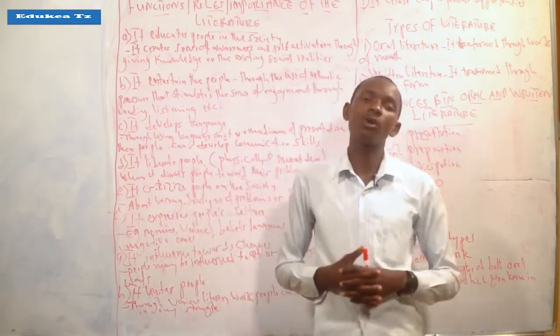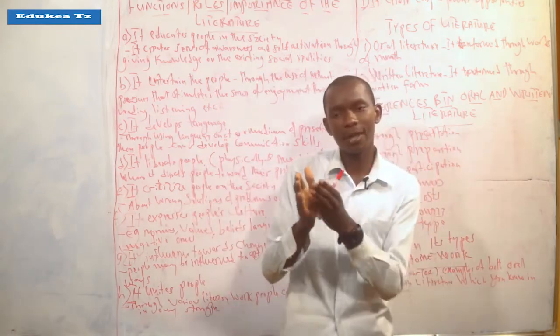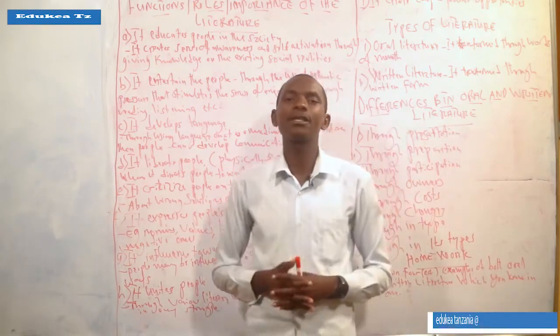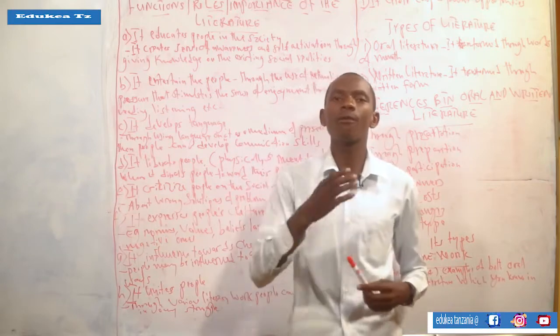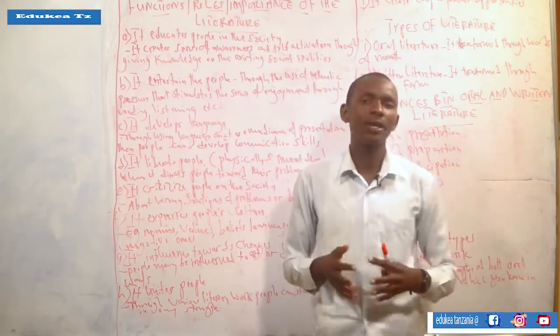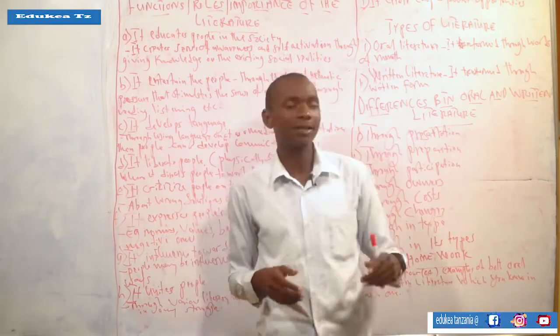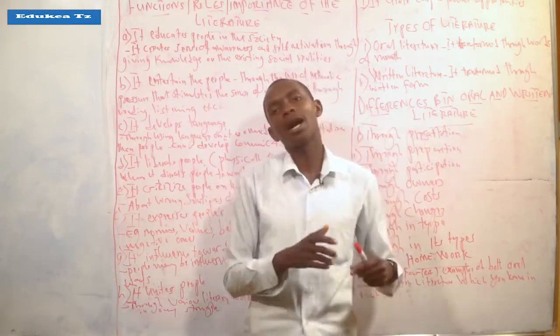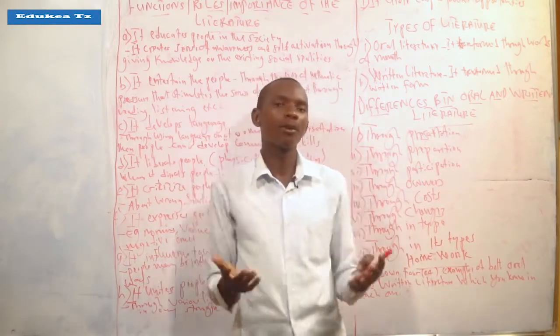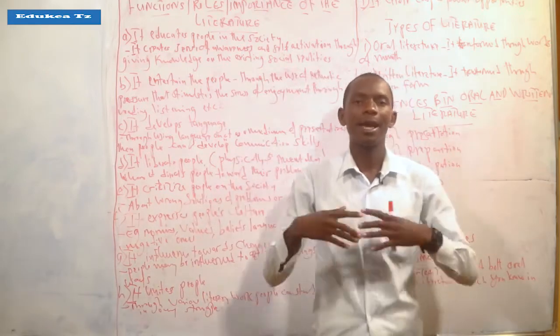When we talk about oral literature, it simply means a kind of literature which is transmitted through word of mouth. There are several examples of oral literature, some of them are sayings, proverbs, folktales, and others.